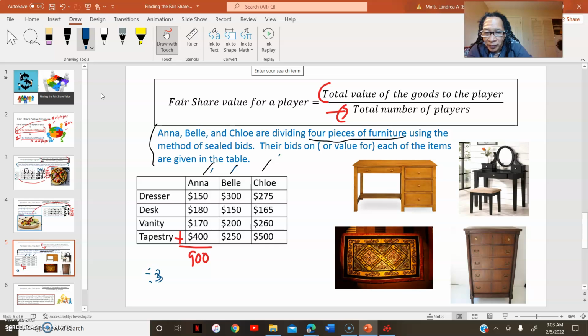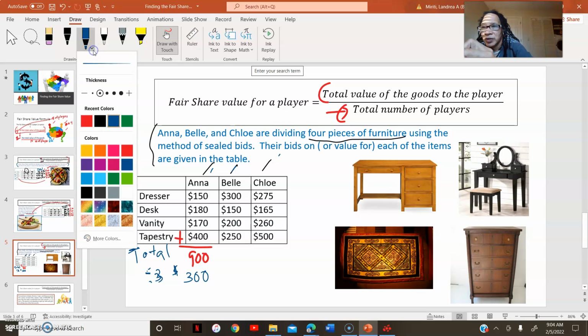We will get $300. So the fair share value for Anna is $300 because we took our total of 900 and we divided by 3.